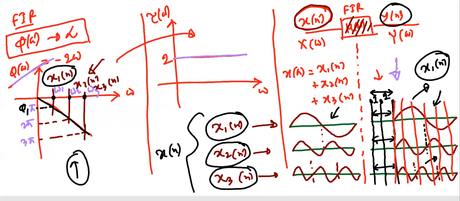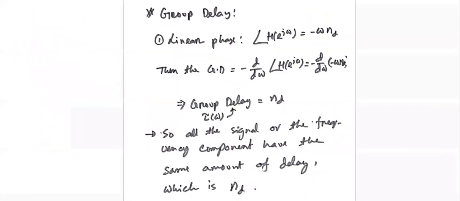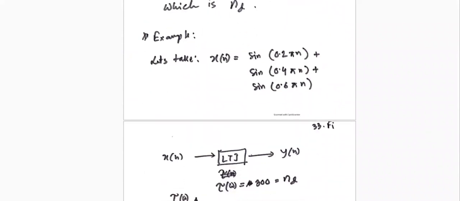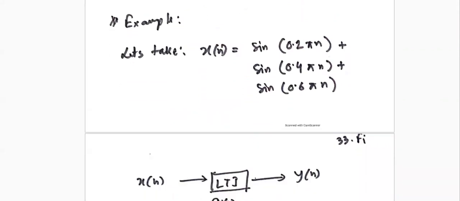Then what would be the final scenario, how does it look in practice? Let me give you an example. Let's say we have a signal x[n] that is sin(0.2πn), sin(0.4πn), and sin(0.6πn).